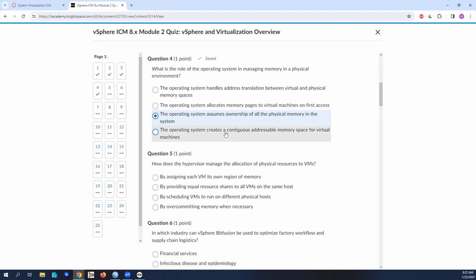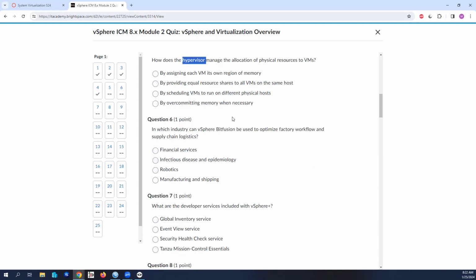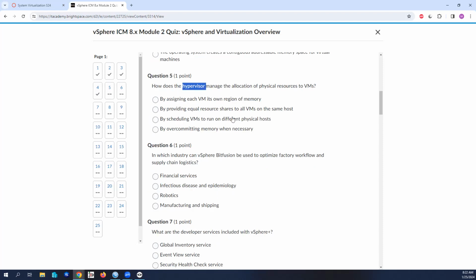Let's search for hypervisor. That might be used more than one time, but how does the hypervisor manage the allocation of physical resources to VMs? What do you think? By assigning VMs its own region of memory.